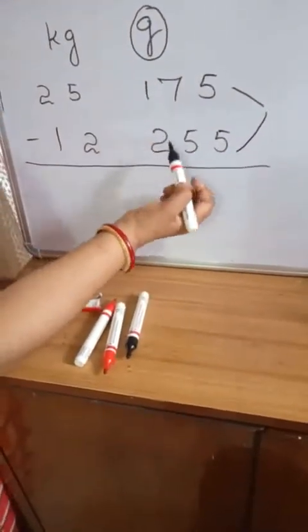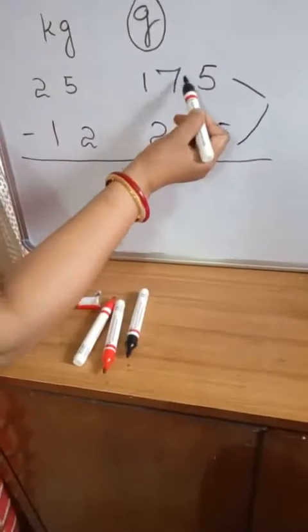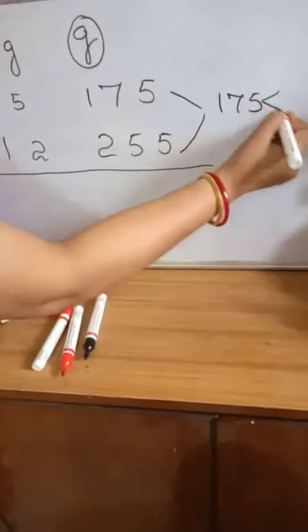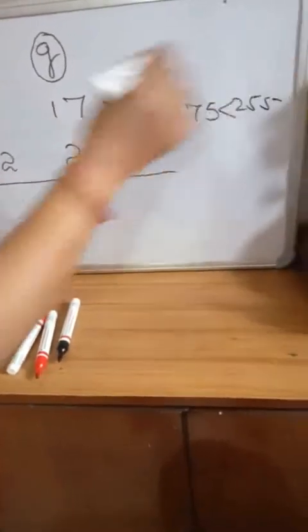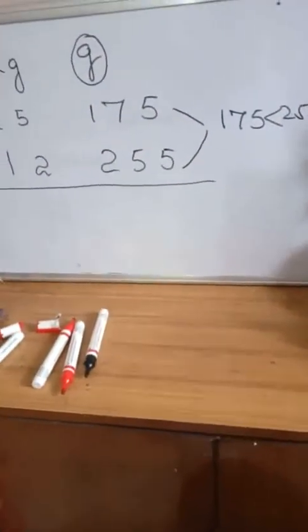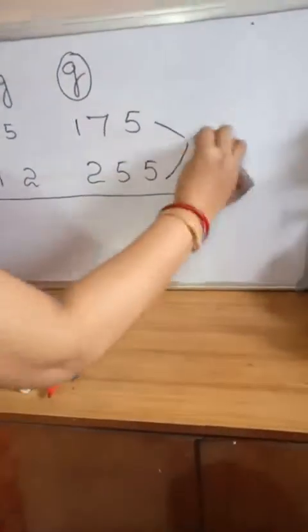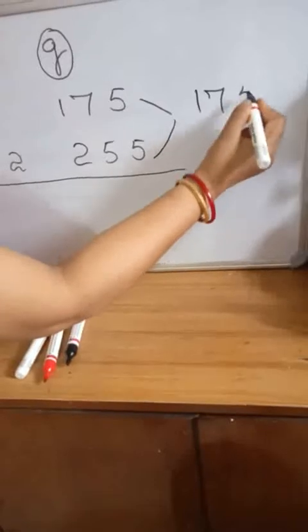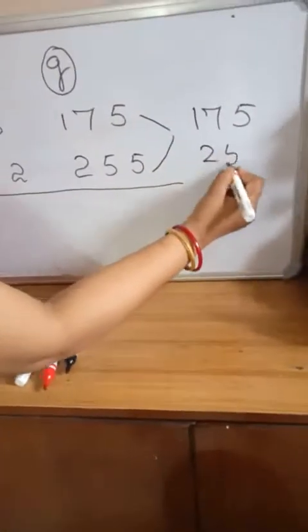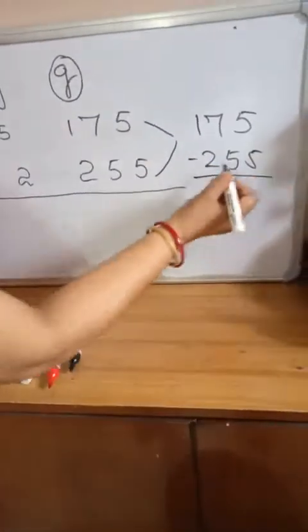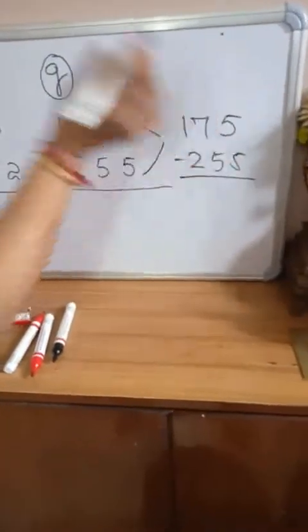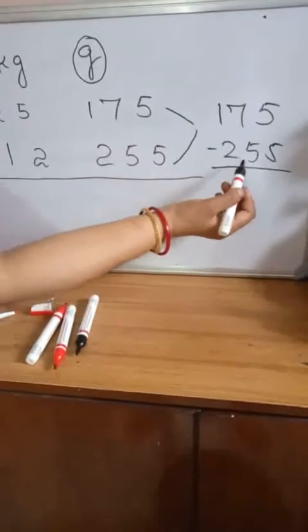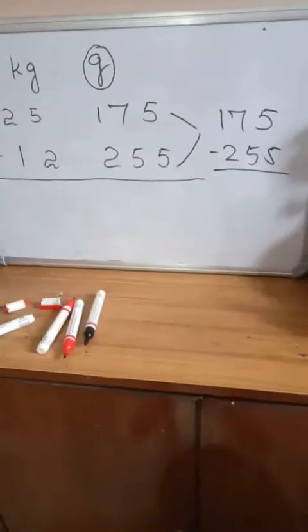We cannot subtract 255 from 175, because 175 is smaller than 255.